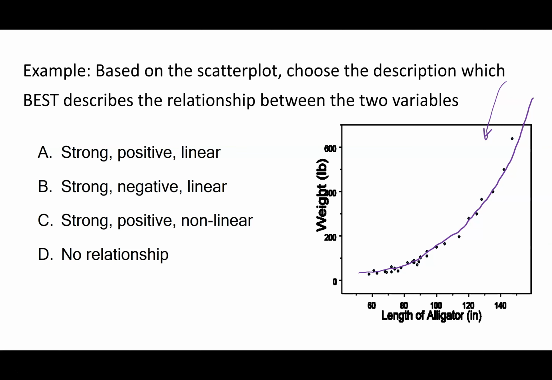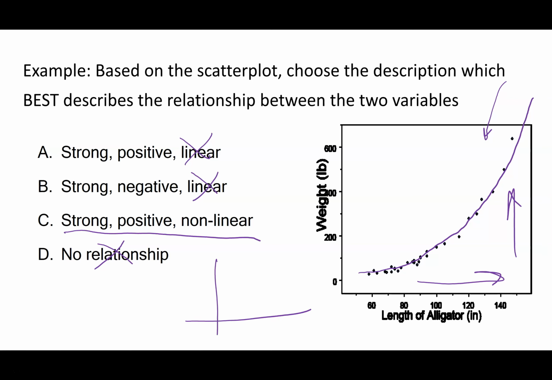So I would argue it's not linear. I would argue, no, there is a relationship. Strong, positive, nonlinear. So you definitely want strong and nonlinear. You could argue it's positive because consistently as X increases, so does Y, so it's appropriate to put here.